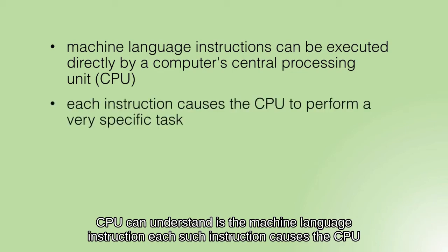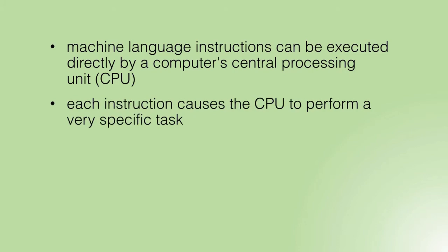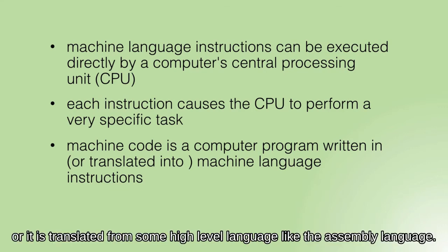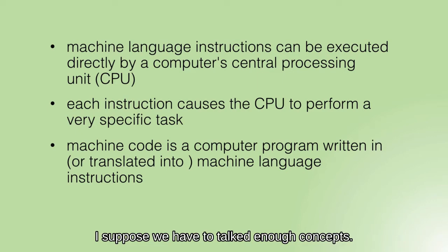Each such instruction causes the CPU to perform a very specific task. You may have heard the term machine code. Machine code is a computer program written in machine language instructions, or it is translated from some high-level language like the assembly language. Great. I suppose we have talked enough concepts.